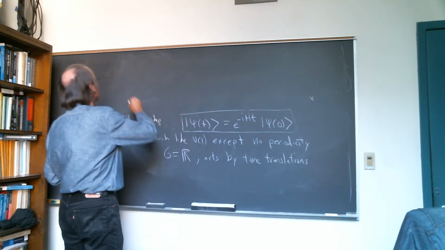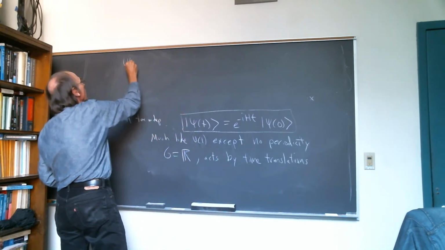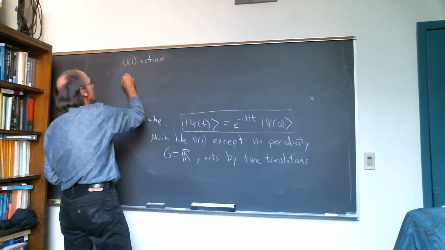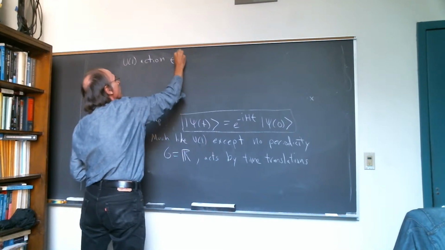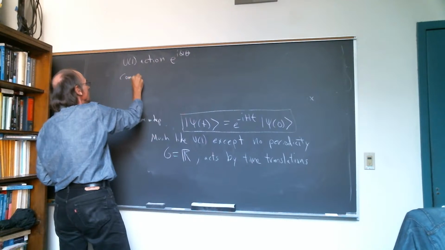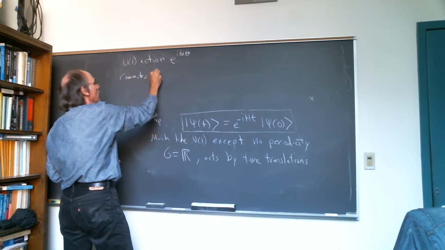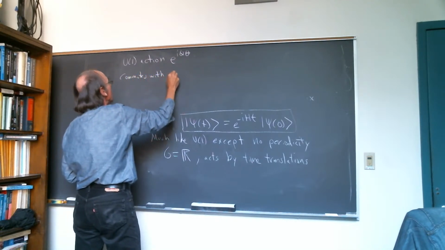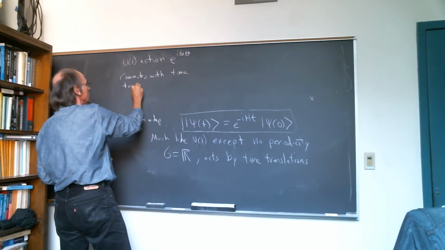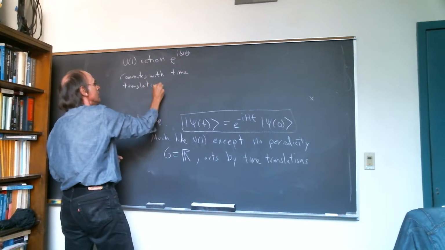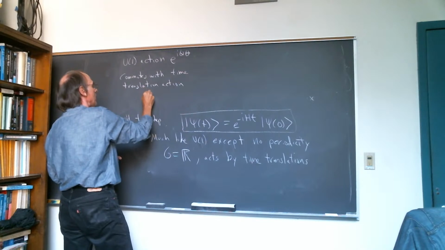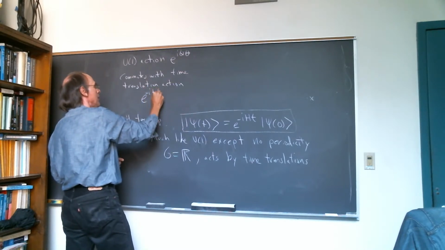So the U(1) action, e to the i Q theta, commutes with the time translation, e to the minus i H t.